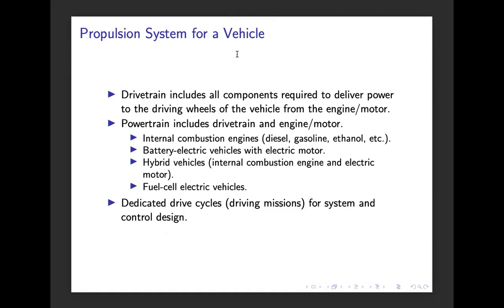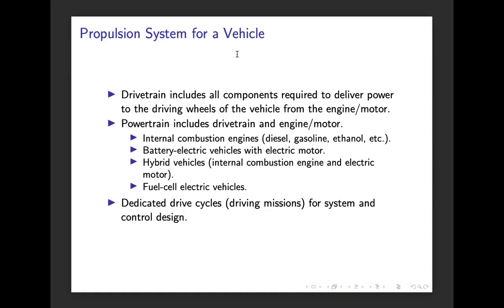Then we have the related concept of powertrain, which includes both the drivetrain and the engine or motor. And the type of engine or motor in our car will, of course, influence the type of modeling that we need to do.